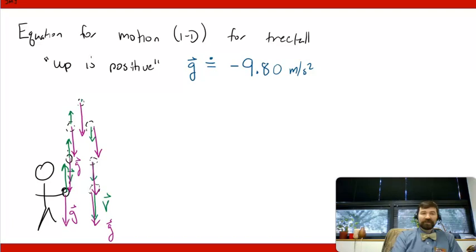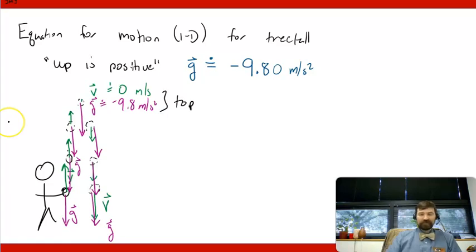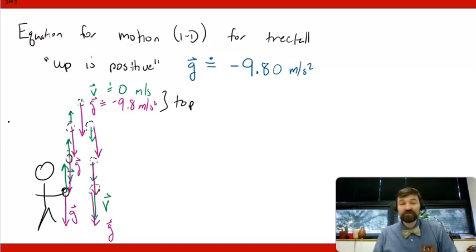Up here at the top, g is negative 9.8 meters per second squared, and at the same time v is 0. So these are the numbers we might use to represent g and v at this location. Somewhere else, v may be larger and negative, but g remains negative 9.8 meters per second squared.